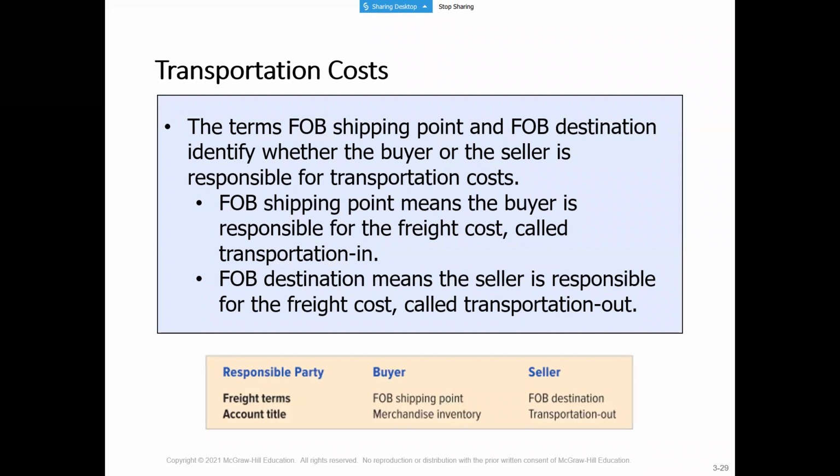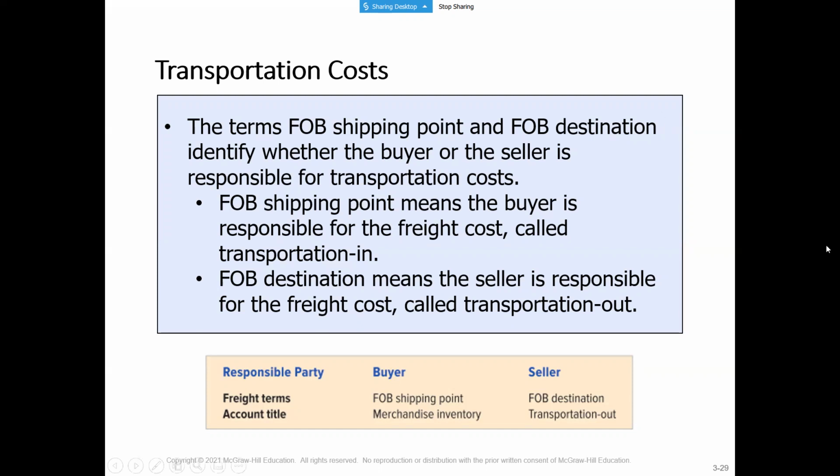On the other end, if the goods are purchased FOB destination, then they are the seller's responsibility until those goods get to the buyer. So that seller has to carry the insurance. Any damage done to the goods, the seller has to make good on that. And the seller would pay the shipping costs.